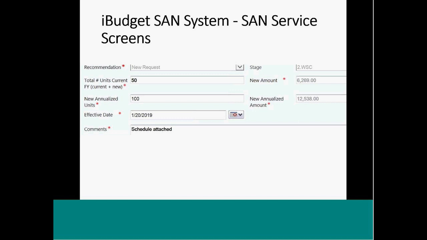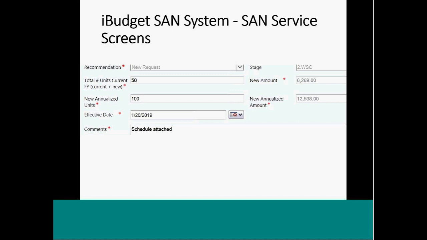We always correct that on the reviewer side, but that could cause a problem if it's not caught. So if they had one assessment, they only need the one assessment, keep the 1 in the total number of units current fiscal year field, and then put a 0 in your new annualized units field. So again, the new annualized unit field should be the total number of units for a full 12 months.